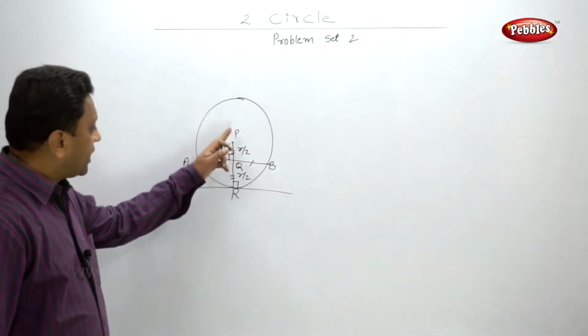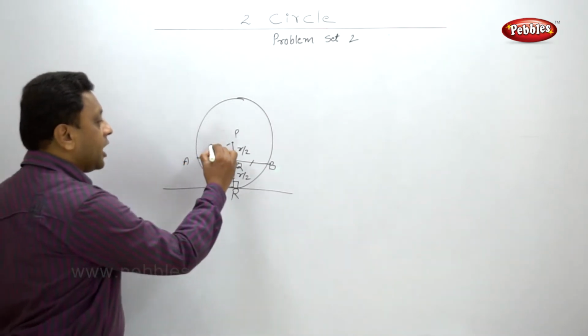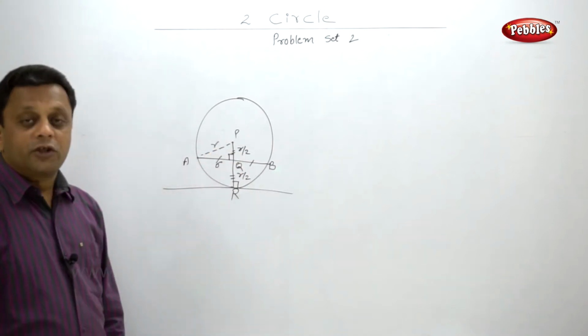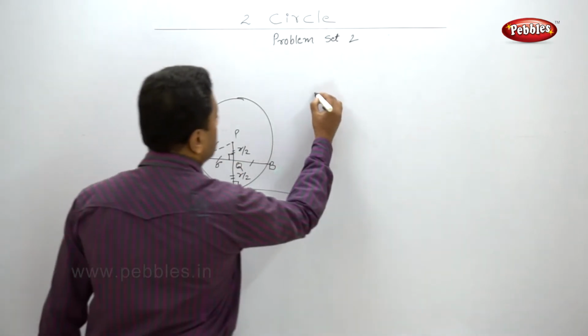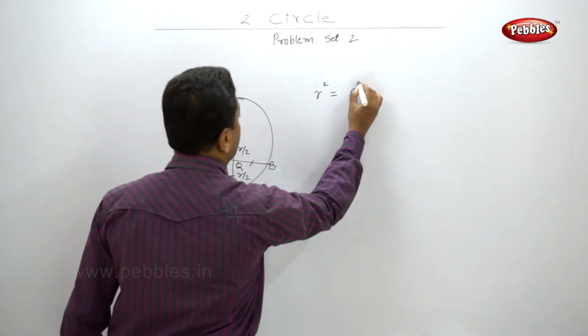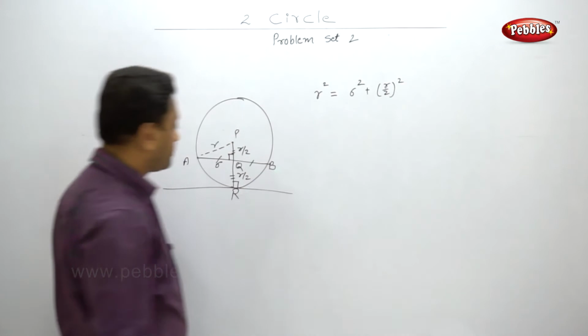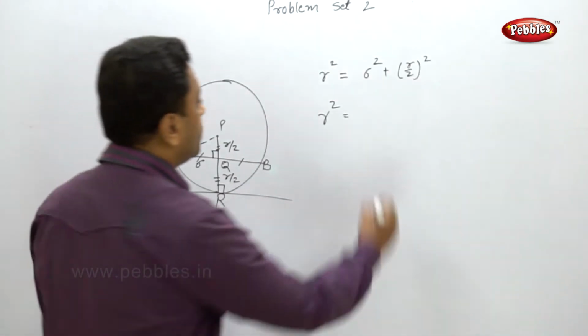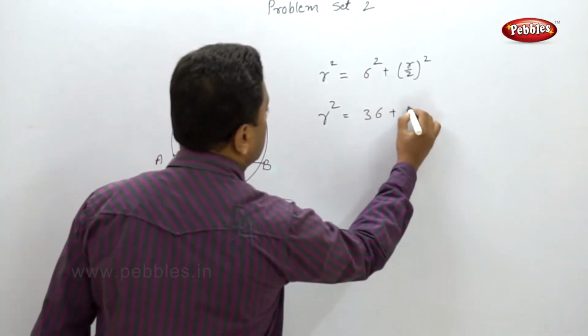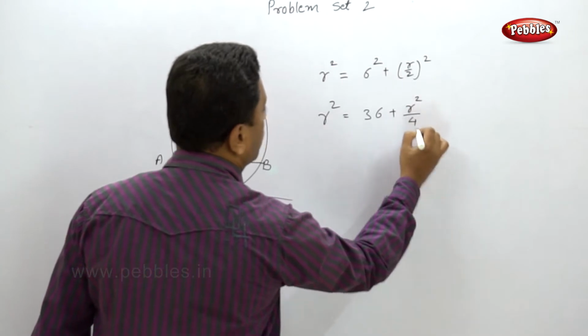Now in this right angle triangle, this is R. So just apply the Pythagoras theorem: R square is equal to 6 square plus (R upon 2) whole square. So let us solve this. R square is equal to 36 plus R square upon 4.